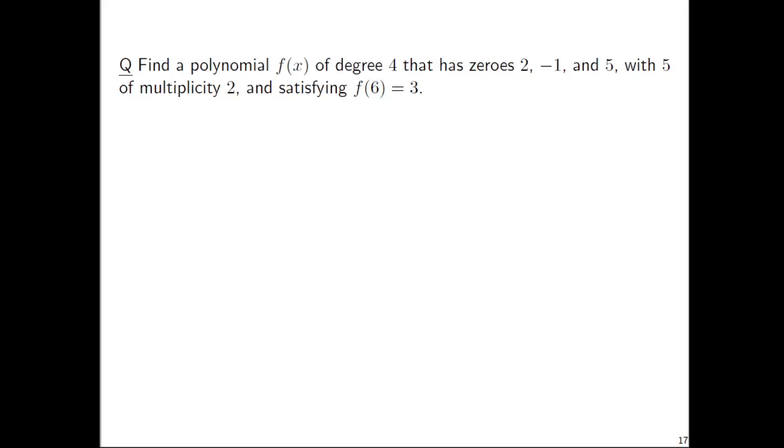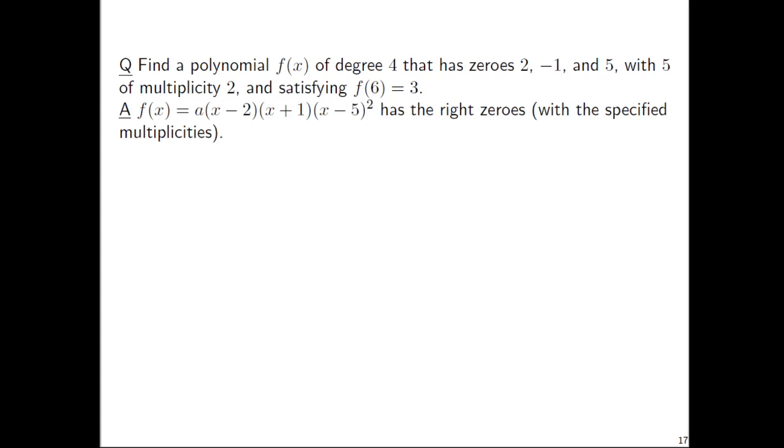So let's find a polynomial f of x of degree 4 that has zeros 2 and negative 1 and 5, with 5 having multiplicity 2, and we're also supposed to have f of 6 equals 3. So the function should be of the format f of x equals an unknown number a, we've used k before, now it's an a, times quantity x minus 2 times quantity x plus 1 times quantity x minus 5 squared.